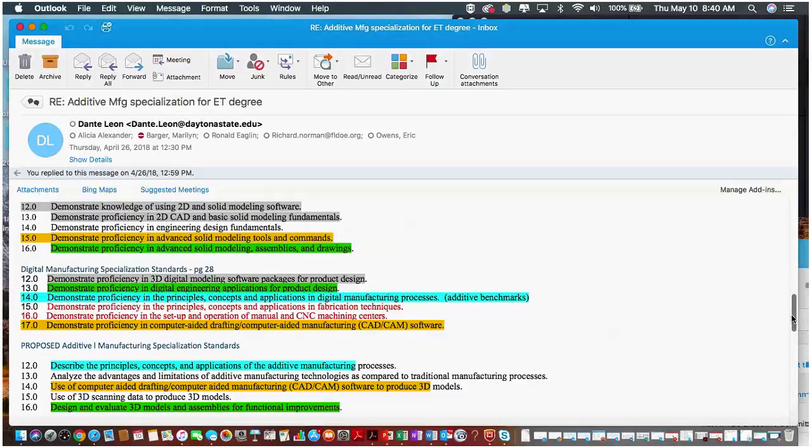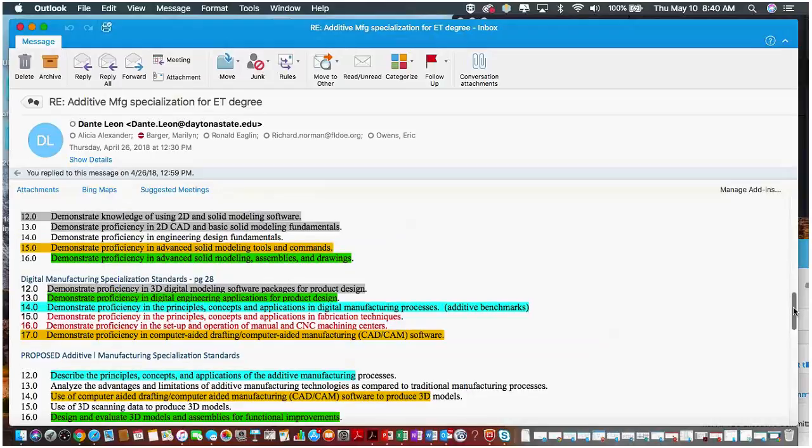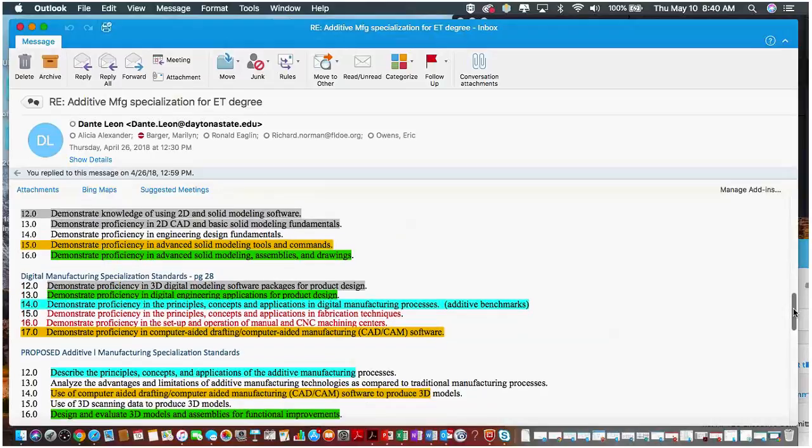So the bottom one is the proposed, and the middle one is the digital manufacturing. I think that's the one Ted and Ron and I talked about at the forum. And the top one is the digital design and modeling. I just put the standards there, and I highlighted what I thought were kind of overlap areas. So let's hear what you have to say there, Ron.